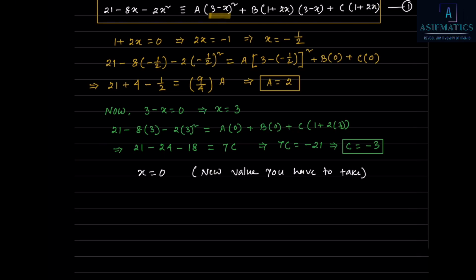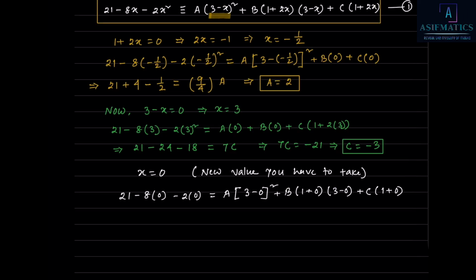So in the main equation, we will have 21 minus 8 times 0 minus 2 into 0 equals a times 3 minus 0 whole square, plus b times 1 plus 0 times 3 minus 0, plus c times 1 plus 0.